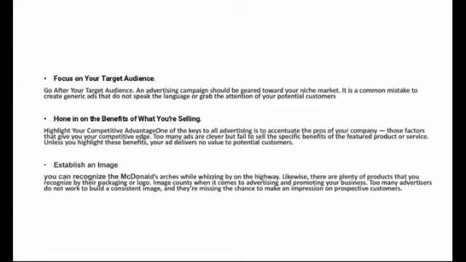This tip tells you that you have to highlight the competitive advantage of the product as compared to other products. Many advertisements fail because, though they have many benefits compared to competitive products, they fail to explain them in detail in their advertising campaign. That is the basic reason for their failure.